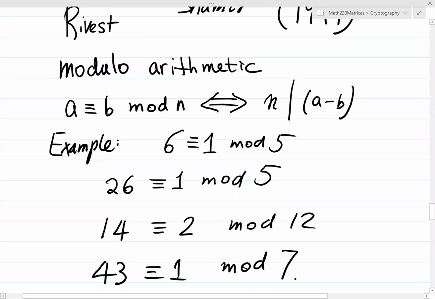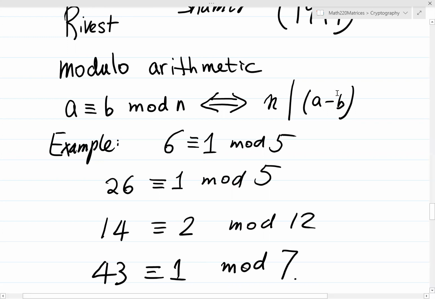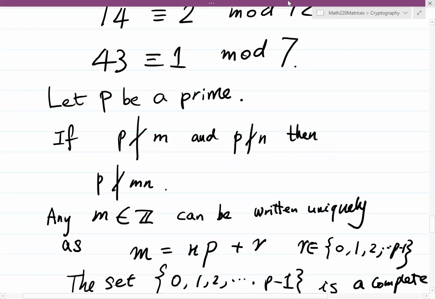If A is congruent to B modulo N, this is equivalent by definition to N dividing the difference, i.e. A minus B is a multiple of N. And we gave several examples of this congruence relation.